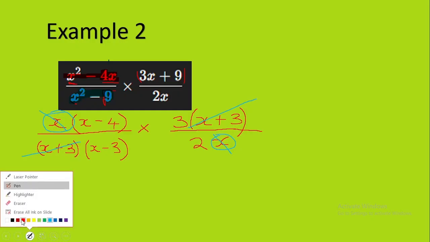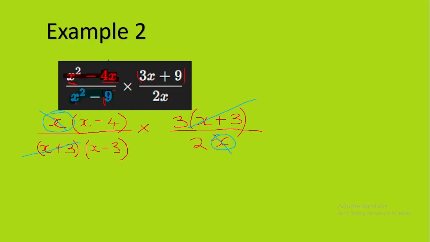So let's write back our answer. All of this, after cancelling or after simplifying, you write what you did not cancel.